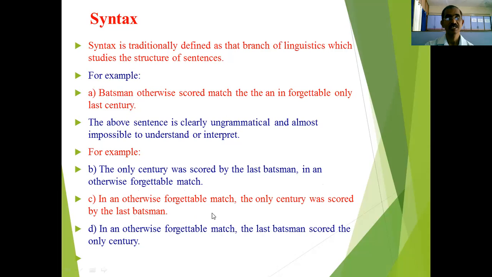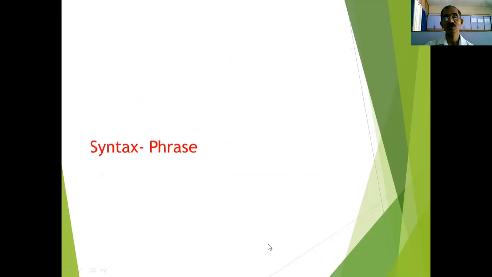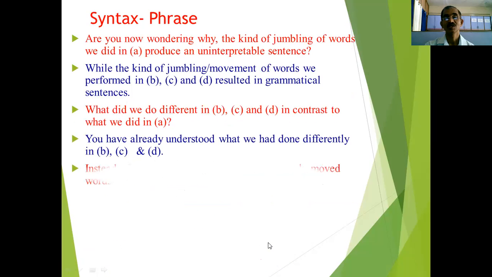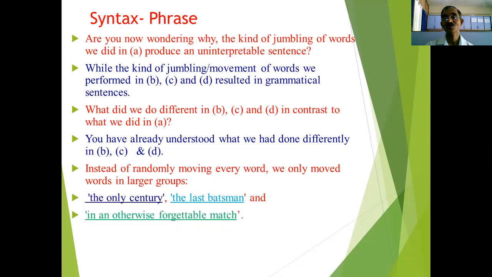In an otherwise forgettable match, the only century was scored by the last batsman. In an otherwise forgettable match, the last batsman scored the only century. Instead of randomly moving every word, we only move words in longer groups. Which are the longer groups? The only century, the last batsman, and in an otherwise forgettable match.